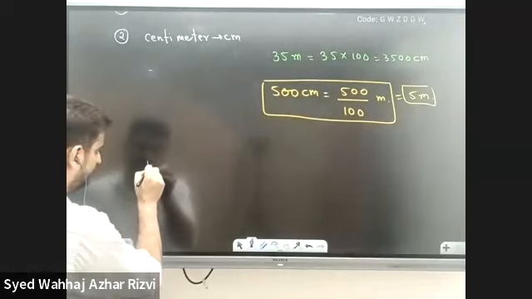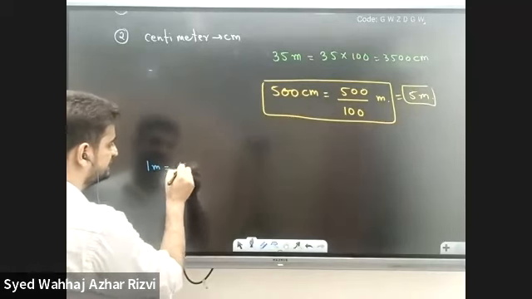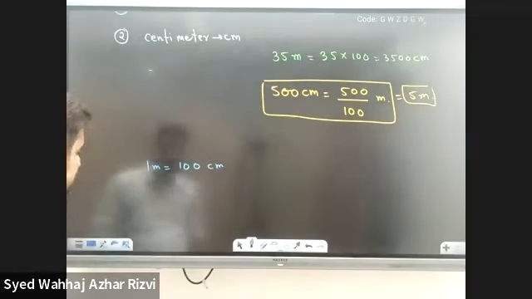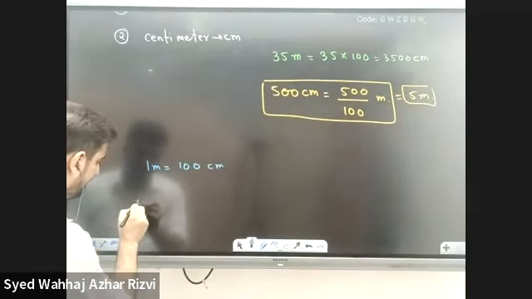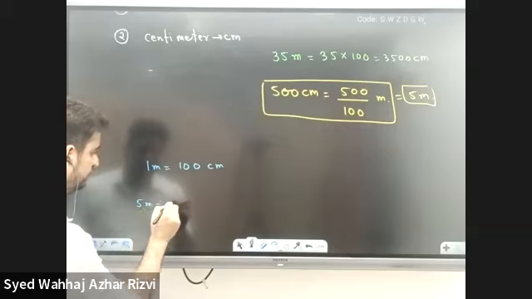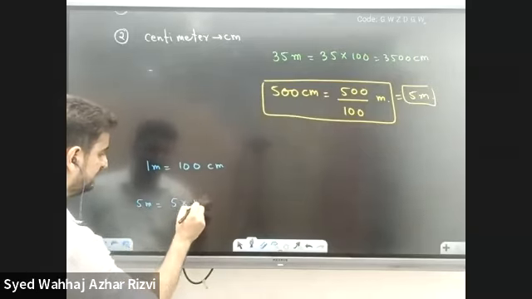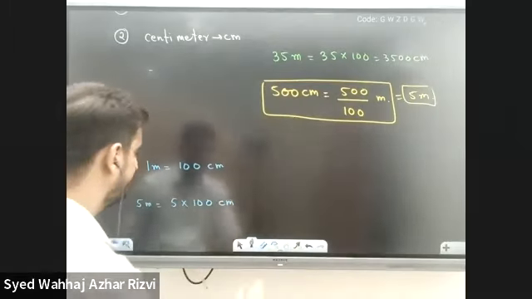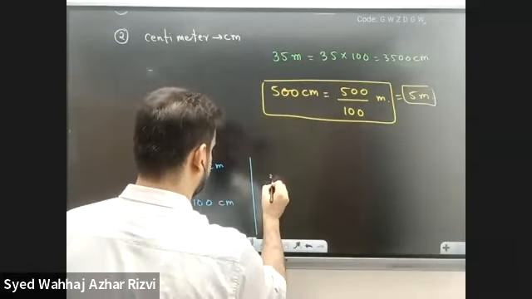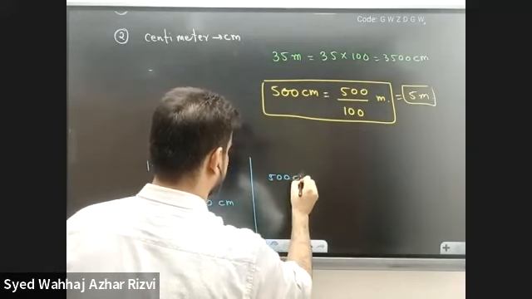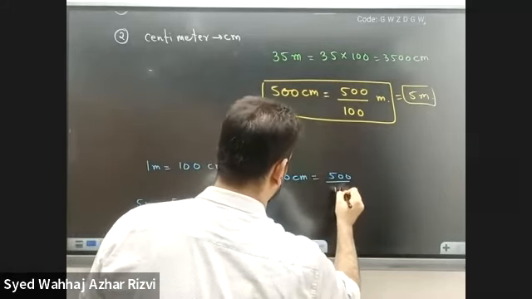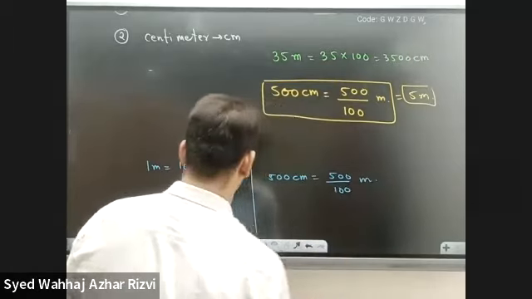So we say 1 meter equals 100 centimeter, right? So if we have to write 5 meter, we multiply 5 by 100 and then we can write centimeter. Or if we have 500 centimeter, we have to divide 500 by 100 to convert it into meter.